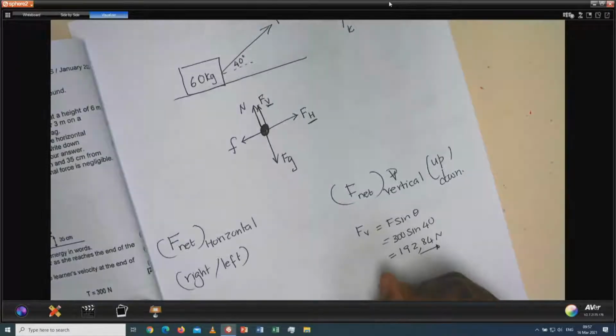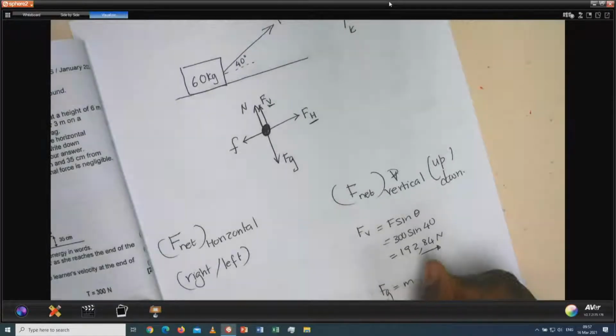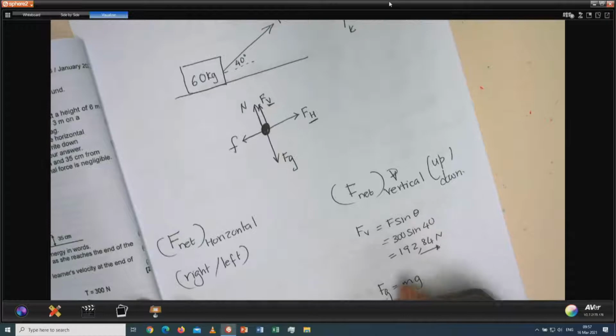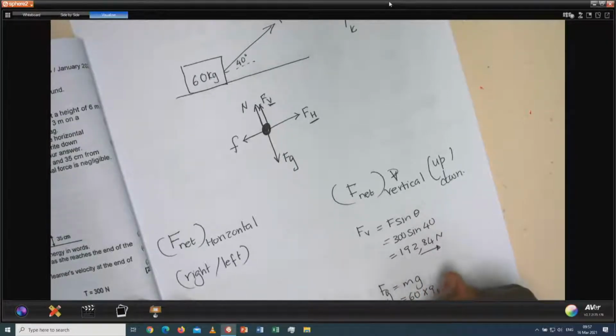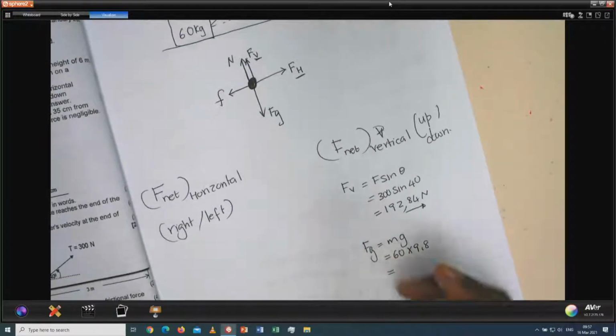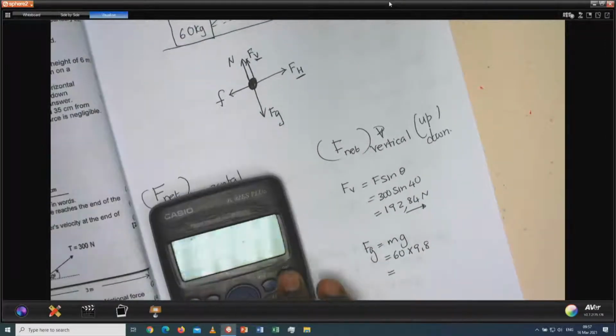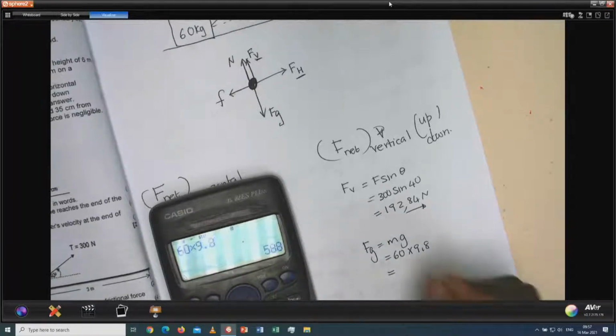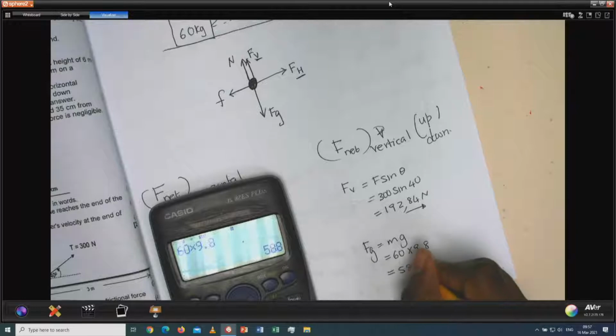And then FG is equal to mg. The mass is 60 times 9.8, and that will be 588 newtons.